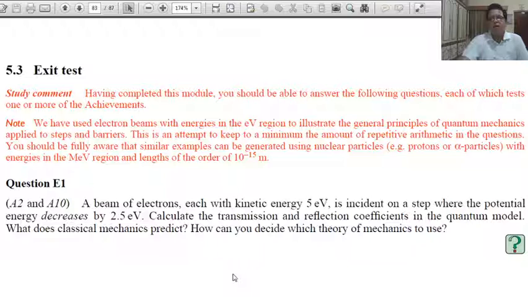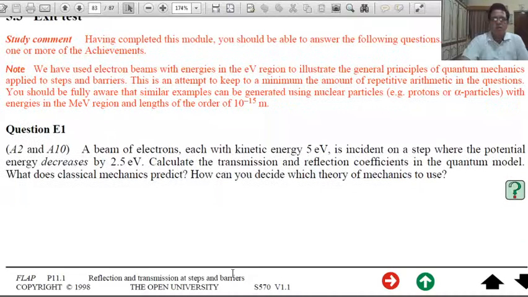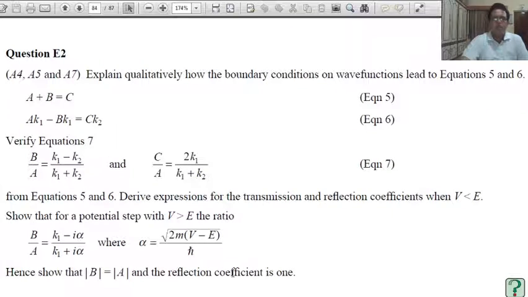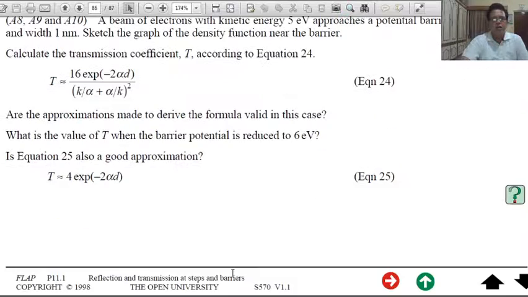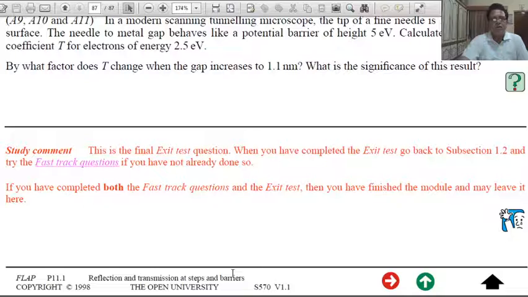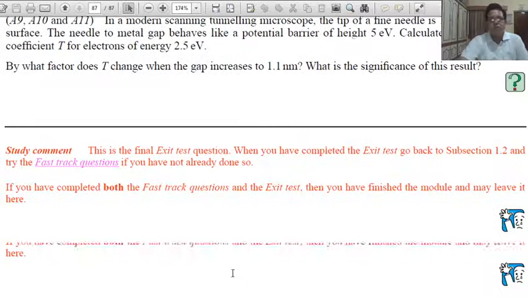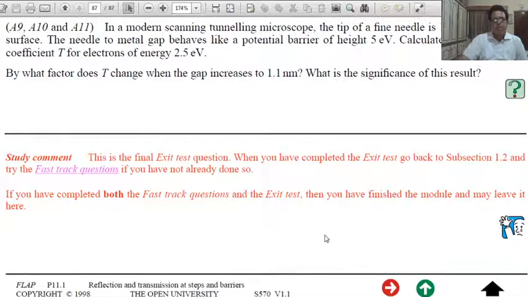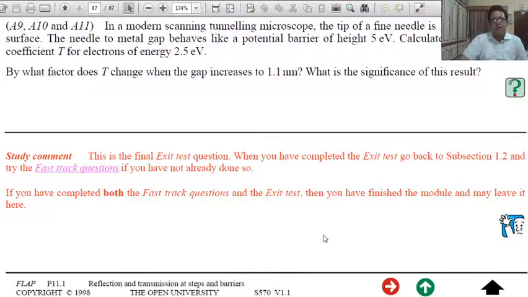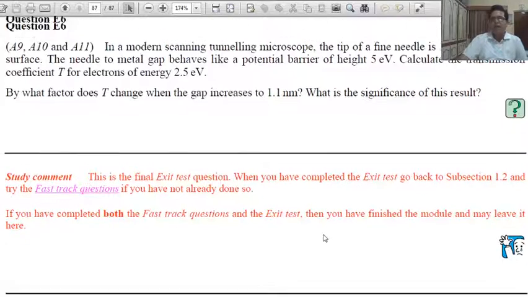And this is given as an exit test. These are very small questions, you can easily do them. There are 6 questions. So this is the method by which a very good article is formed, and you can study like that.